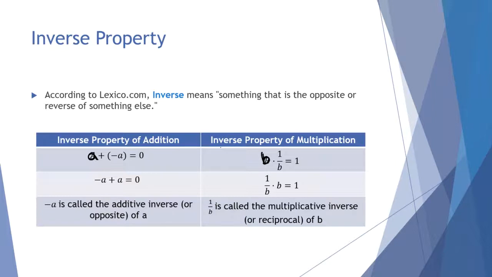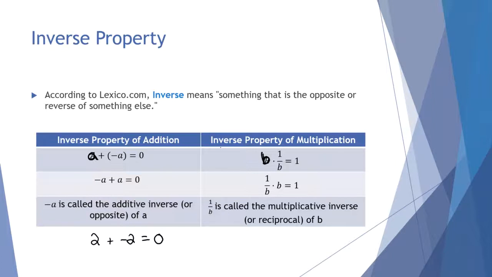So inverse property of addition. So a plus negative a is 0. And negative a plus a is 0. If you're seeing this with numbers, this means 2 plus negative 2. If you take 2 and you're adding a negative version of that number, they cancel out and you're left with 0. So this is called the inverse property because you're adding the opposite.